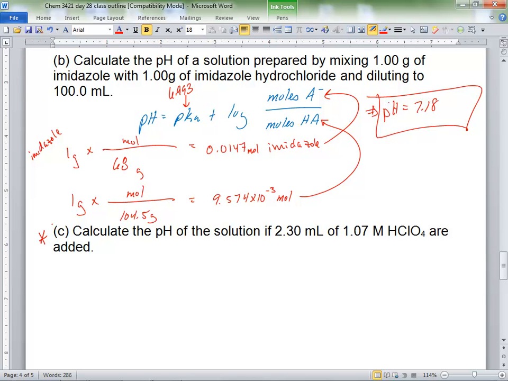Oh, you had a game plan? Matt, you have a game plan? Will we use Henderson-Hasselbalch again? Ice table. They're asking for the pH of a buffer system.